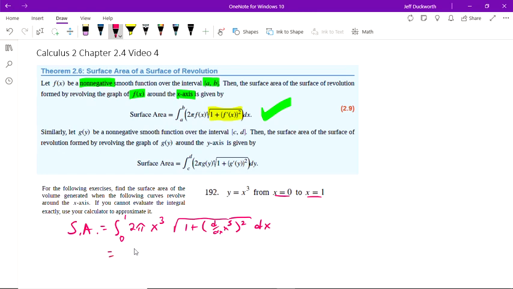We can pull the 2 pi out. Leave the x cubed here, and then solve for what's under the radical. So that's 1 plus, well, the derivative of x cubed is just 3x squared. And that we'll have to square in a moment.